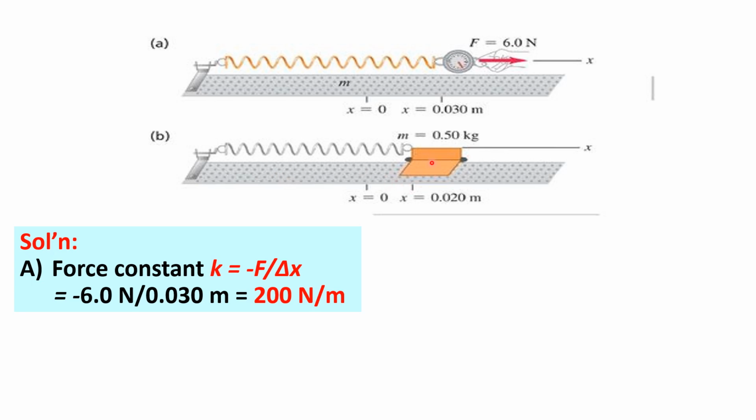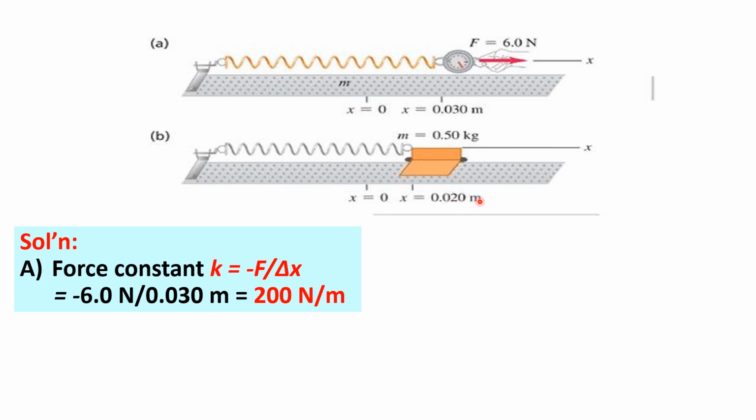we now have a glider with a given mass of 0.50 kilogram attached to the right end of the spring, and then we pull the glider to the right, causing it to have a displacement equal to 0.020 meters.